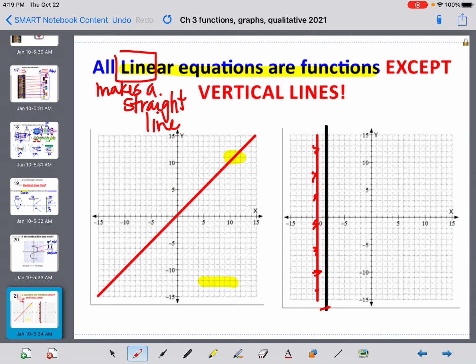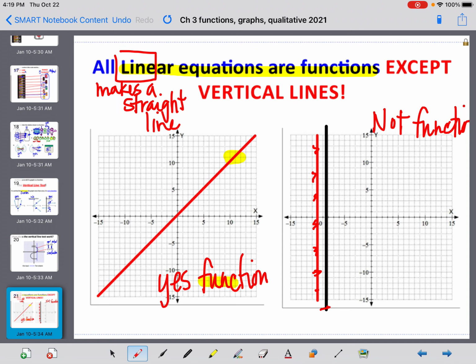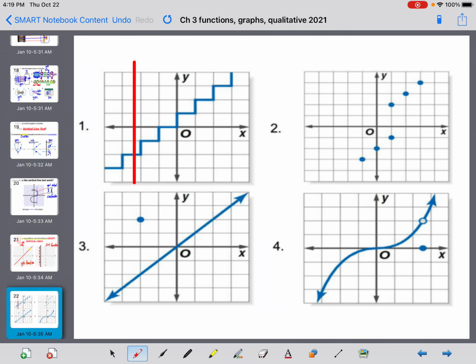And so the vertical line cannot pass the vertical line test, so it is not a function. This one would be yes, it is a function. Okay, so the rule is all lines are functions except vertical lines.